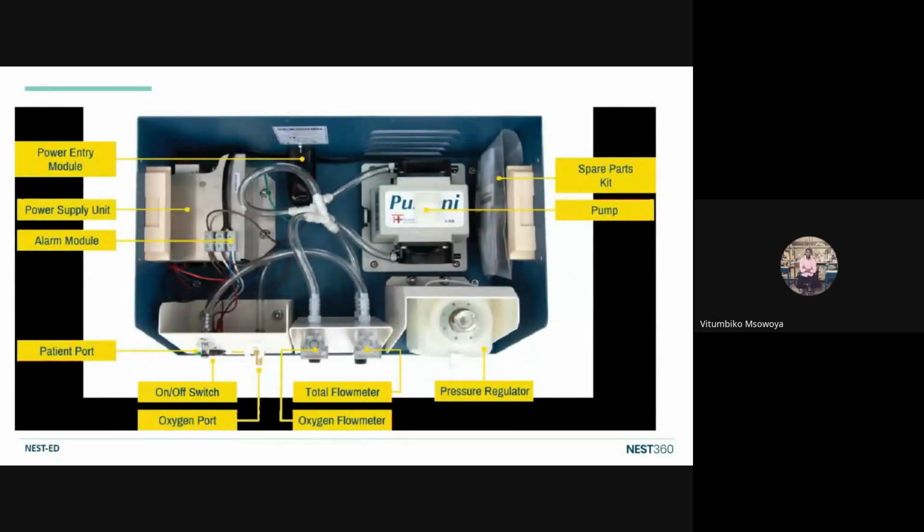This is a power failure alarm module, fed with 12 volts DC from the power supply unit. When there's a power failure while the machine is on, the board will sense that there's no current coming and it will buzz, alerting the user that there's a problem. So that's very important.